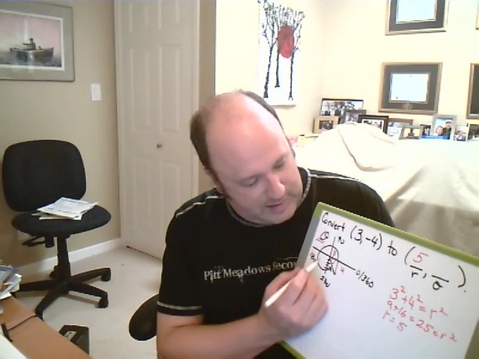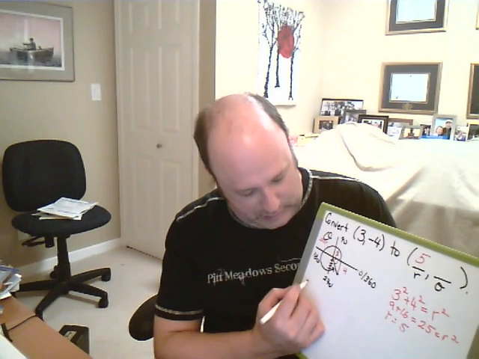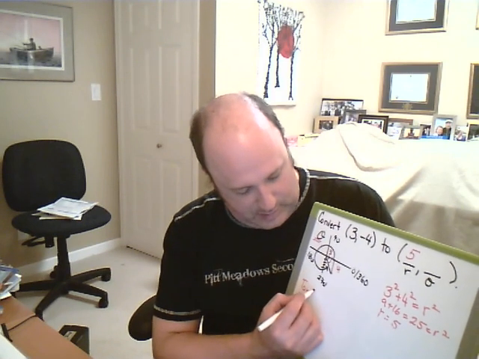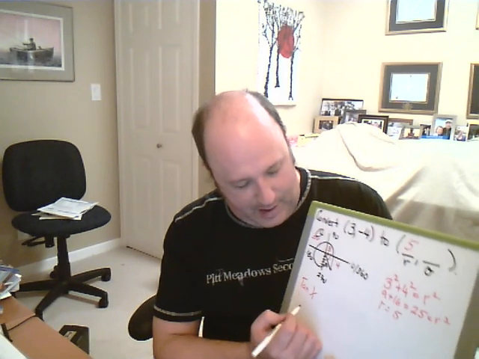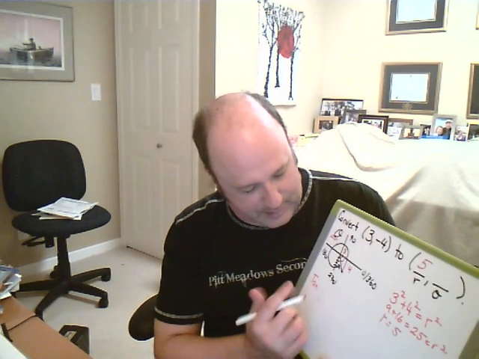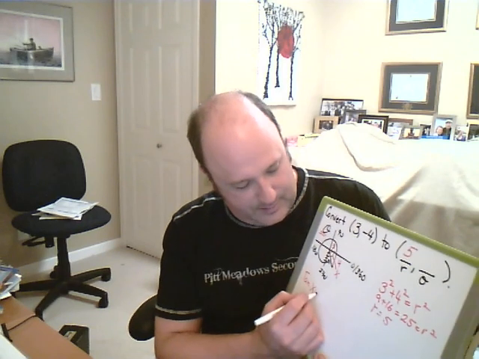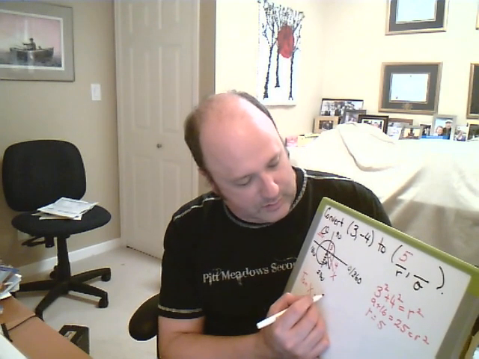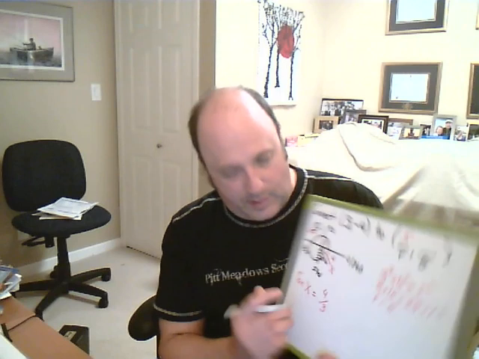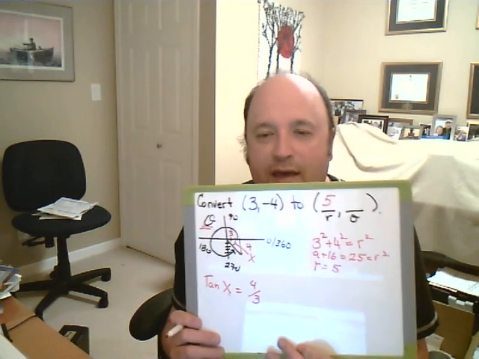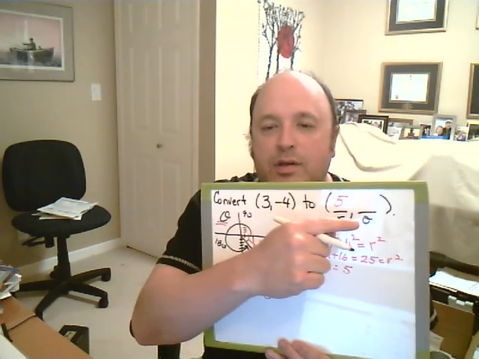That's fine, that's just tangent, right? Opposite over adjacent, so I got the tangent of, we'll call this value x, is equal to the opposite, which is 4 over 3. And you can solve for that x, but that's not what we're going to put in there, right?